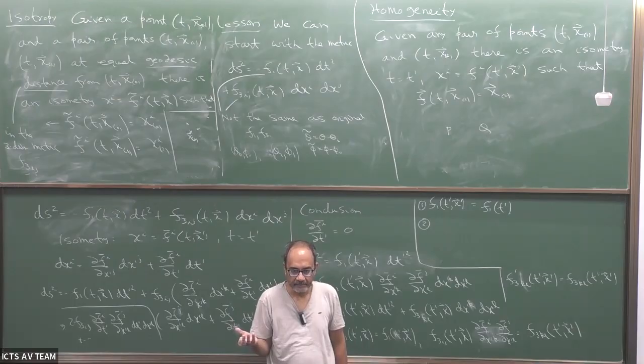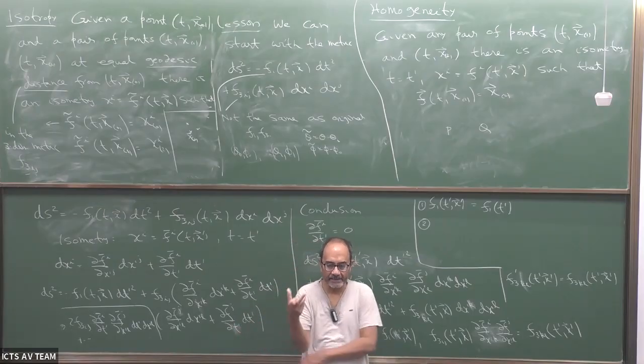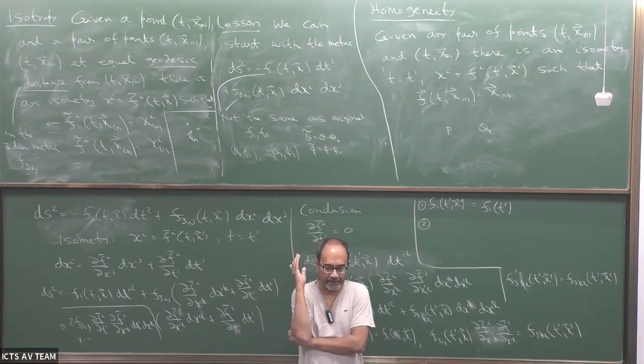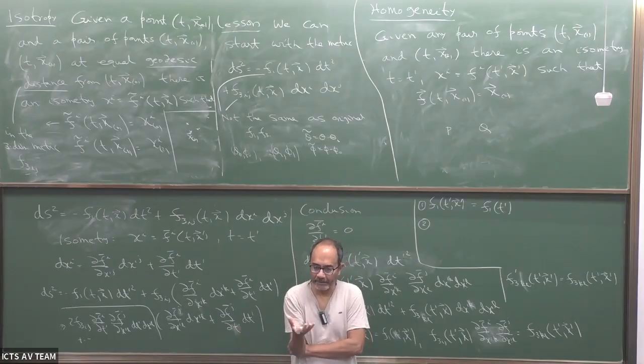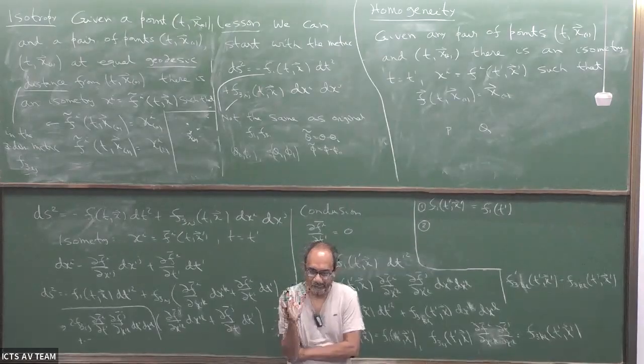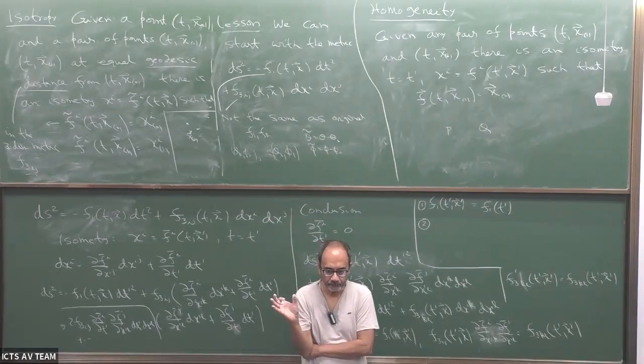The F bars could correspond to either homogeneity or isotropy. They are implementing the isometries of the cosmological metric. We now saw that F bars are independent of time.